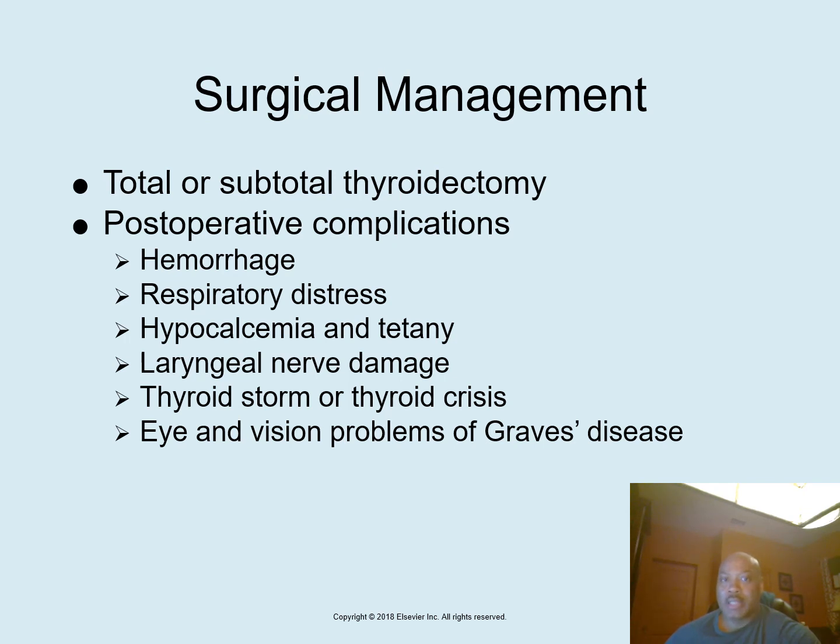So it's possible the parathyroid gland was affected. There's also a possibility of damage to the laryngeal nerve due to spasms. So we must look for acute respiratory obstruction, and that is also known as laryngeal stridor. And take a look at a YouTube video and listen to what laryngeal stridor sounds like.